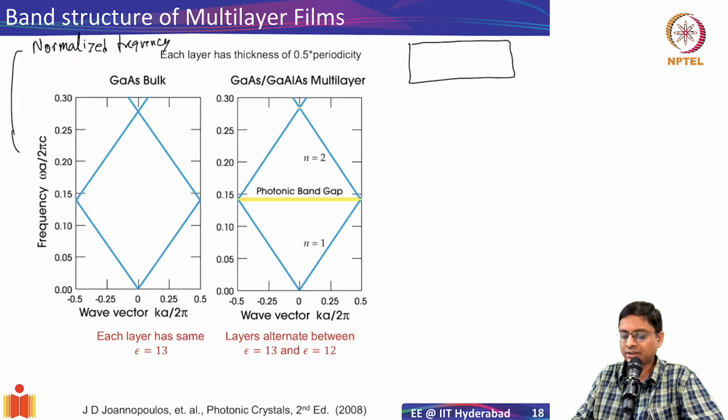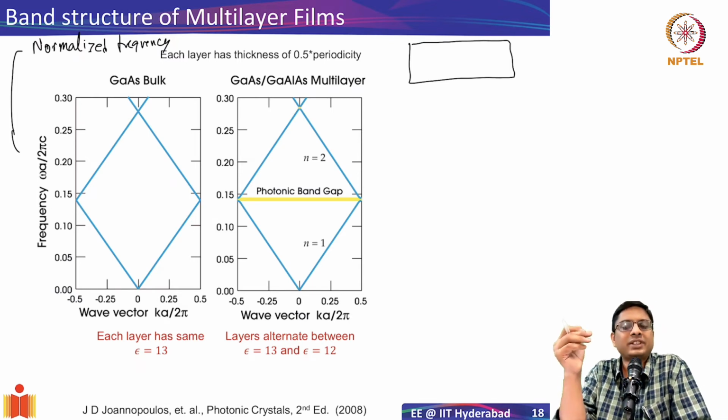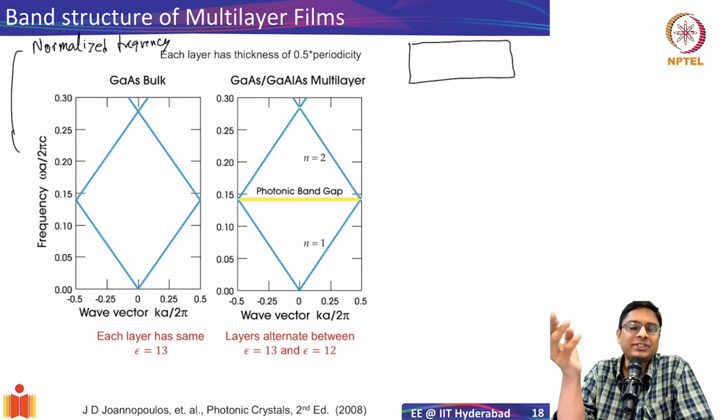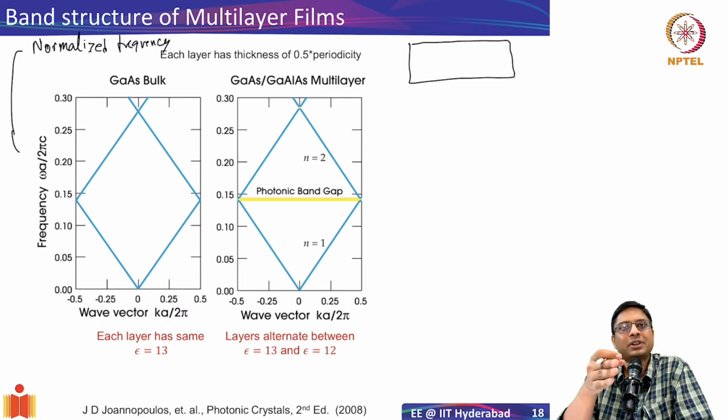The idea is that Maxwell's equations are scale invariant. That means that we did this analysis, let's say at optical wavelengths with some size factor A. Now if I change my size factor and make it much smaller, if we account for the right dielectric constant, the same ideas will work even at X-ray wavelengths.